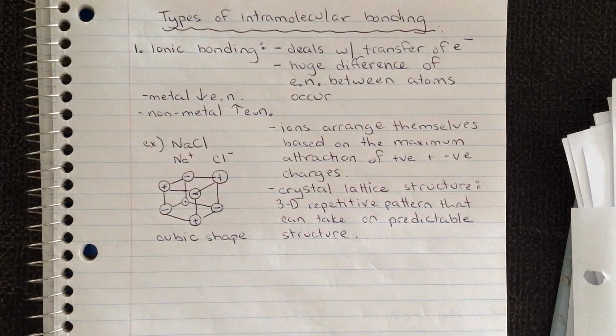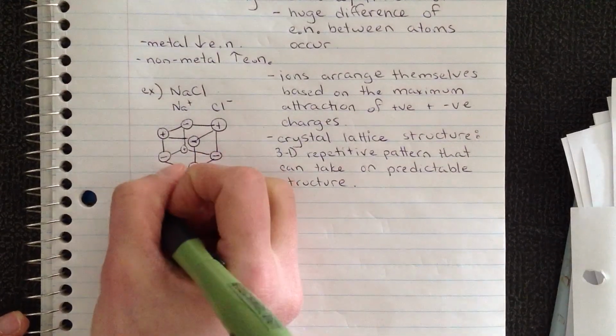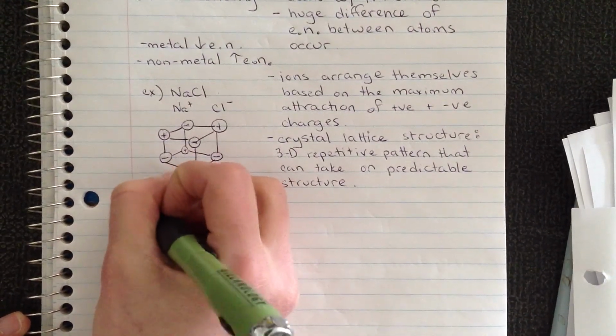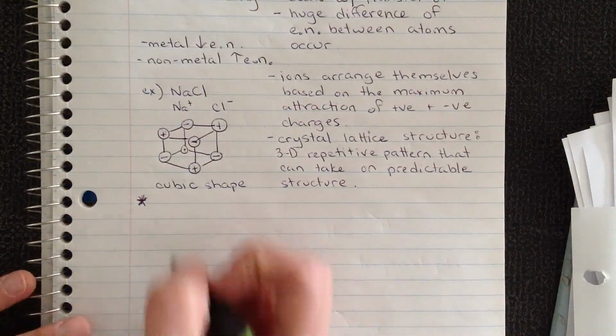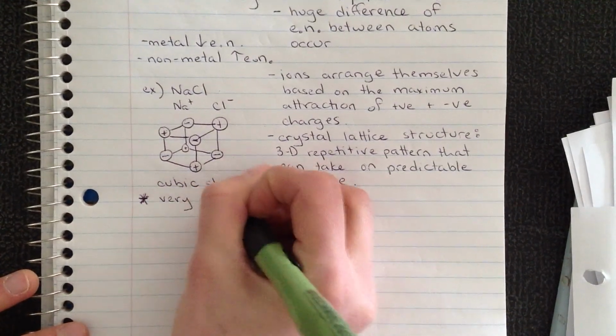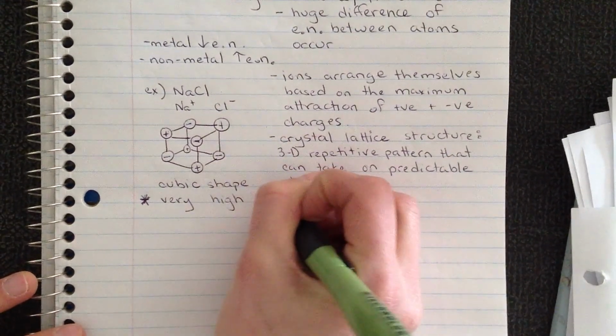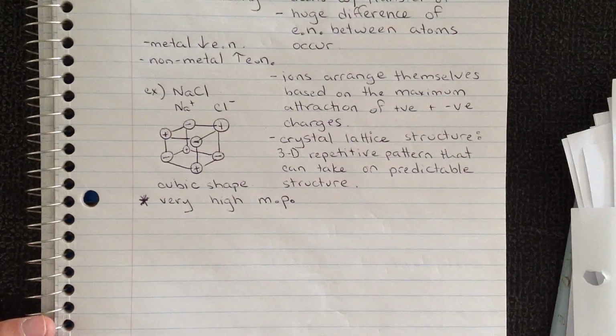Alright. So, one thing to point out about ionic bonding is the fact that it has very high melting points. What does that mean? It means it can tolerate a lot of heat before it even turns into a liquid.